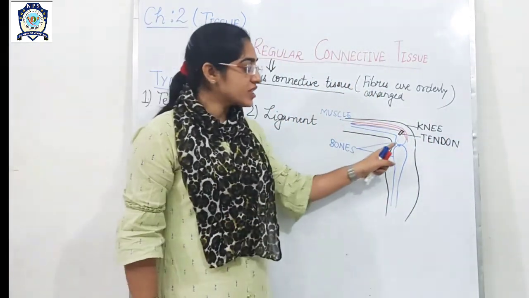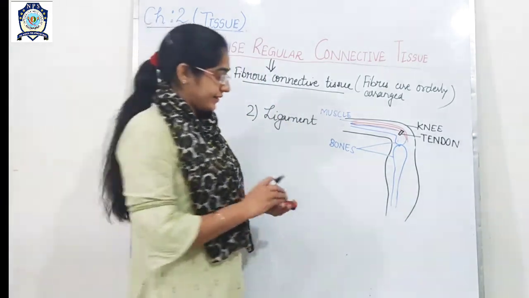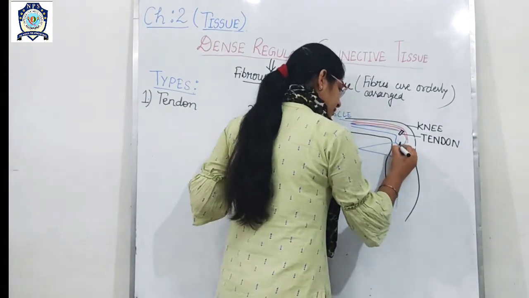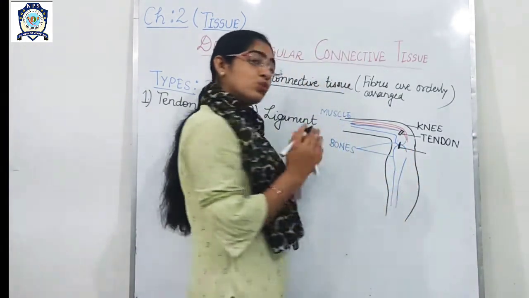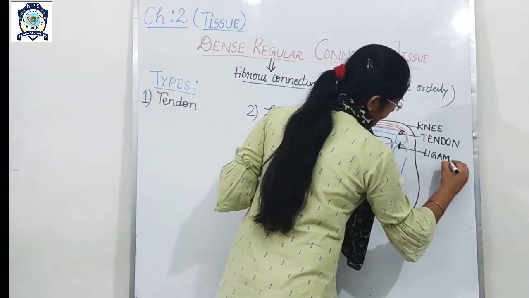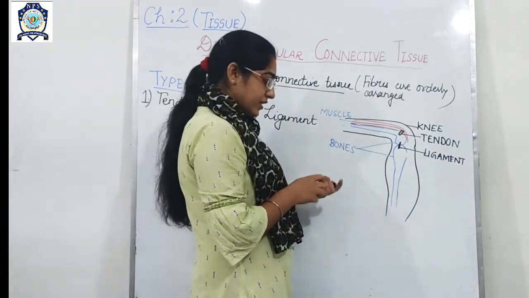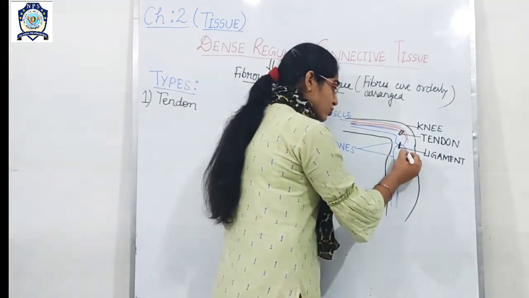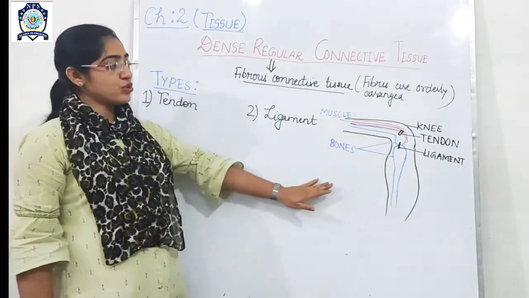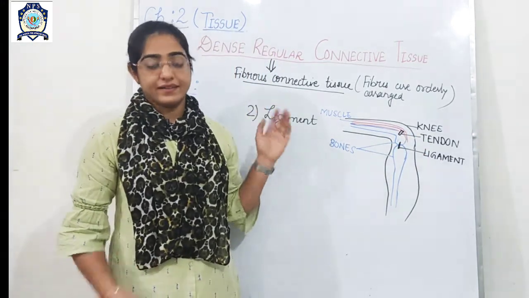The tissue which connects muscle to bone is called the tendon, and the tissue, this one, which connects bone to bone, is called the ligament.